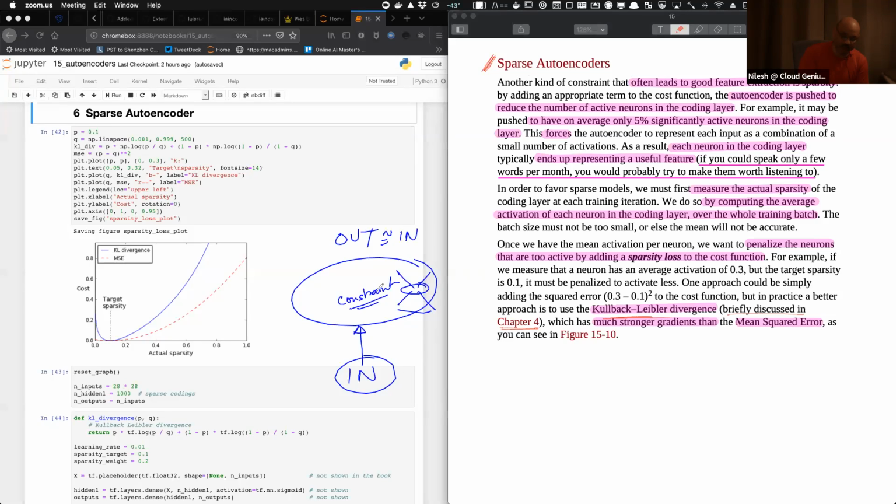We also had other types of constraints. For example, we inserted Gaussian noise, and still we find that the output can detect the input that was given to begin with.